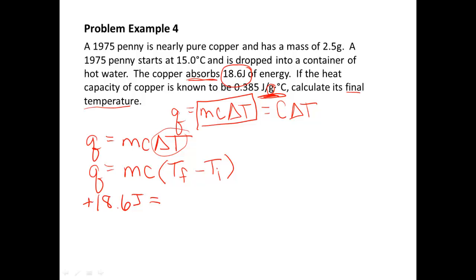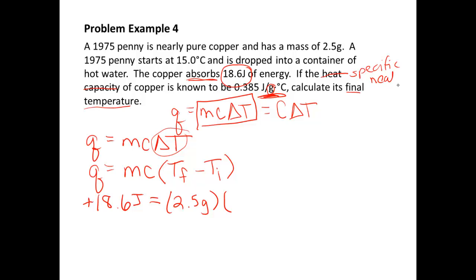Our mass is going to be the mass of our penny, and that is 2.5 grams. We are given its specific heat, and look, I labeled it wrong. This is specific heat. Obviously, I don't even know the difference between the two names. I just know when to use it.